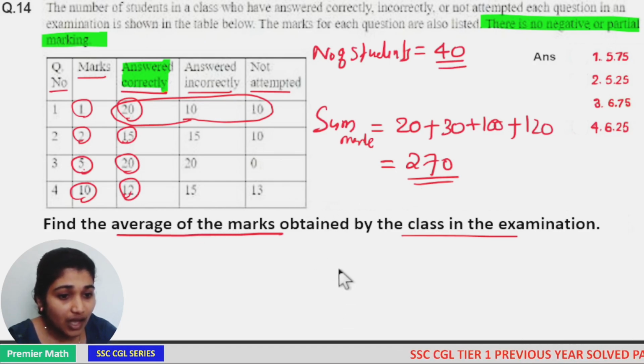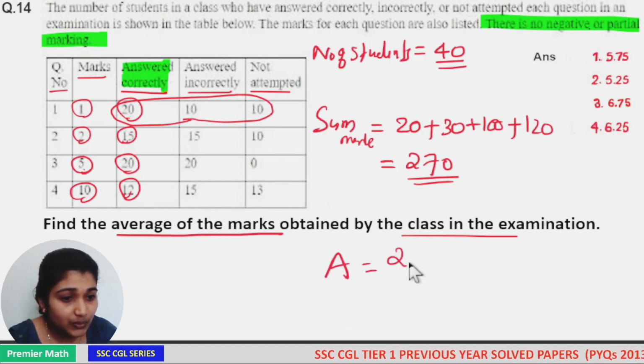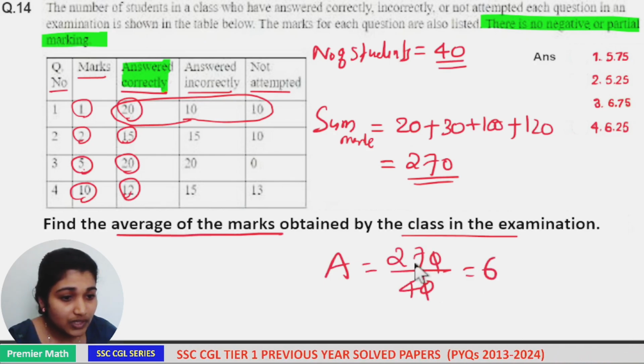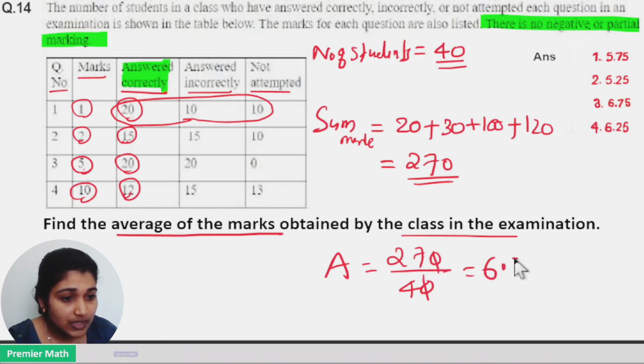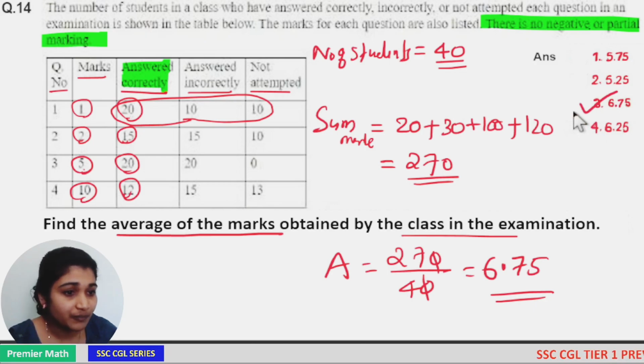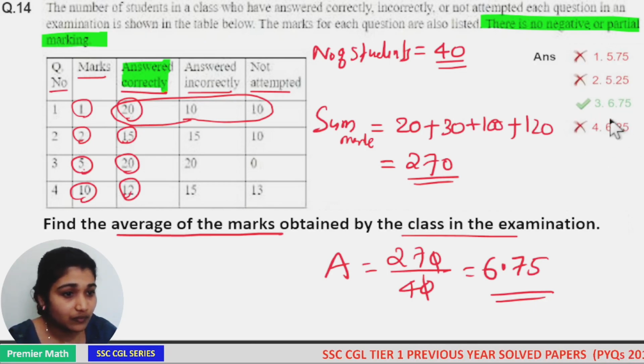Then the average is 270 divided by 40, which is 4 goes 6 times in 24, remaining 3, 4 goes 7 times in 28 and 5 times in 20, so 6.75. Option 3 is your answer. Average of marks obtained is 6.75.